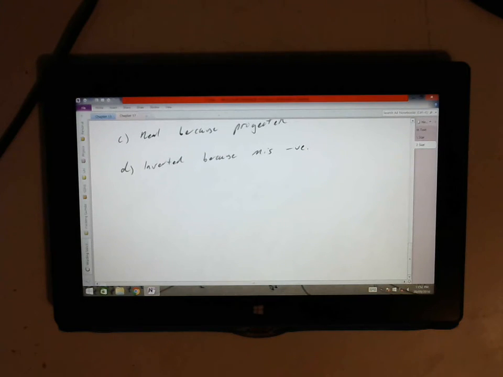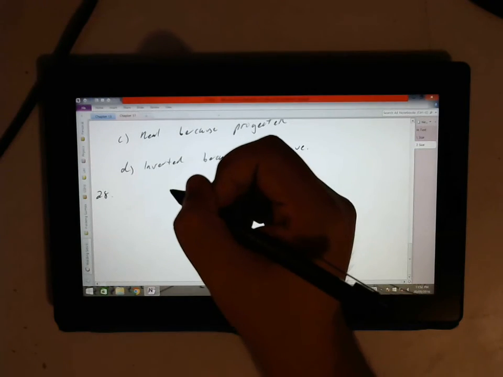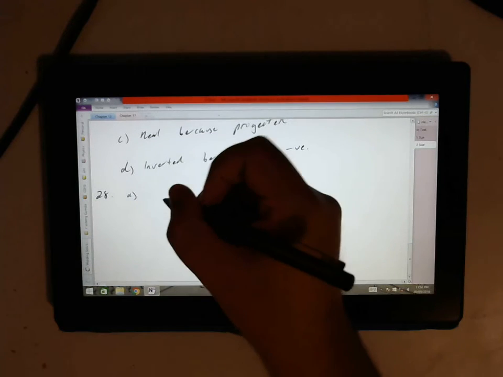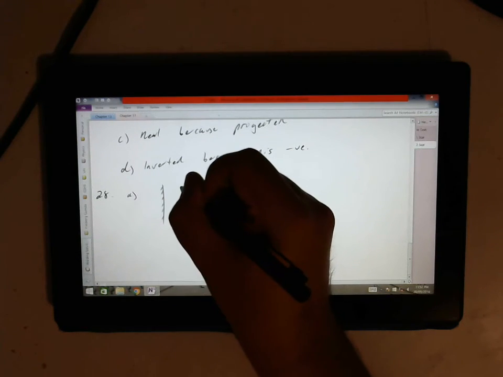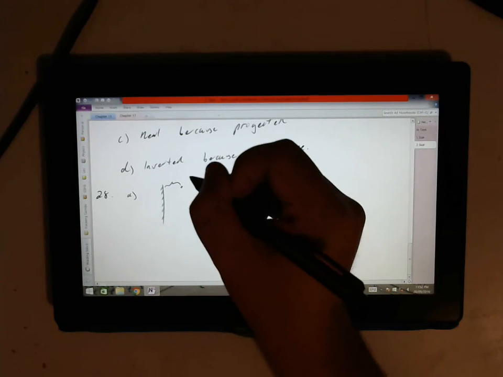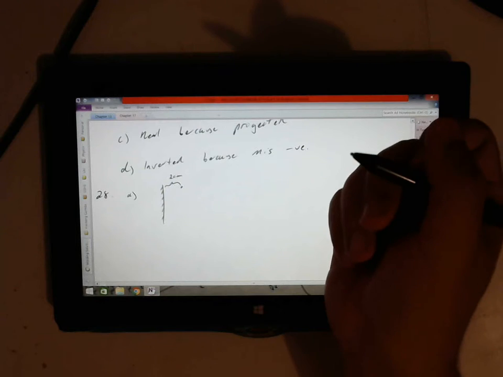Okay, 25, 26, 27 are all 1 star. Let's go into 28. And 28 is asking for some ray diagrams. Okay, first off, we have a plane mirror, and we have an object that is 2 centimeters from it.